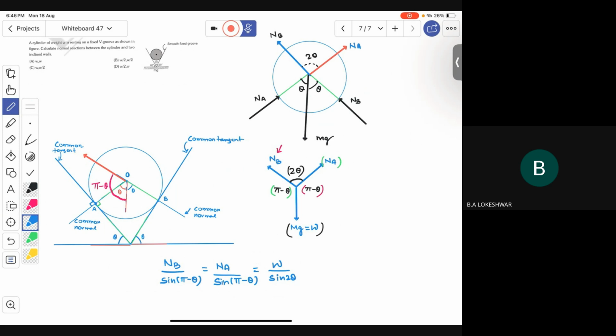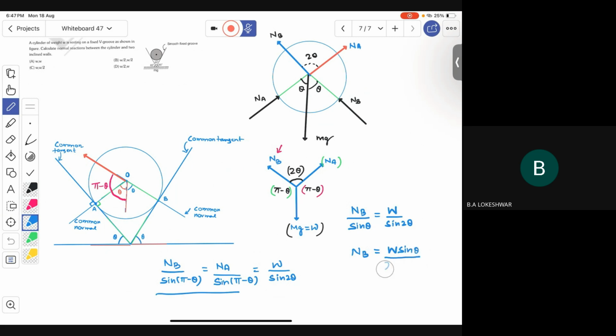So now we have got these two equations. If I want to find NB, sine pi minus theta is sine theta, so NB by sine theta is equal to W by sine 2 theta. So NB will be equal to W sine theta by sine 2 theta.